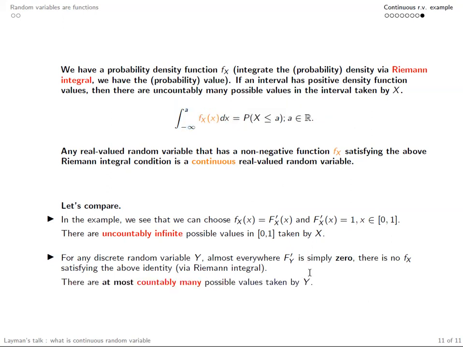Also, for a discrete random variable, there are at most countably many possible values taken by Y, but here, in the example we show in this video, there are uncountably many possible values taken by X.